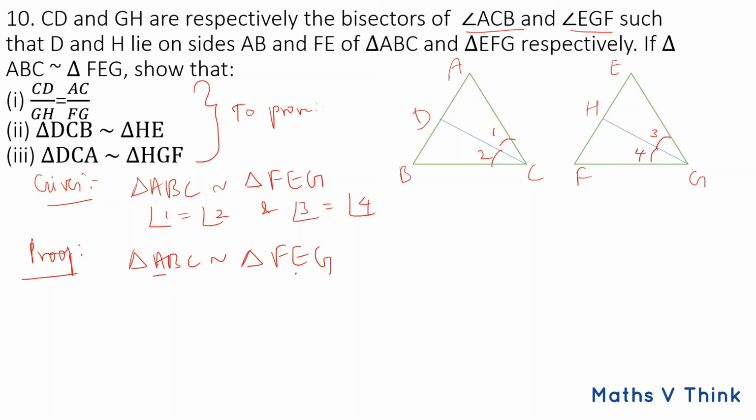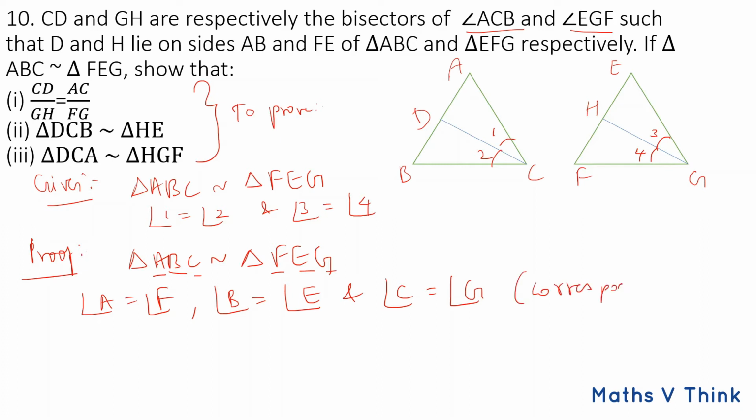Nothing but angle A is equal to angle F, angle B is equal to angle E, and angle C is equal to angle G. Corresponding angles are equal.